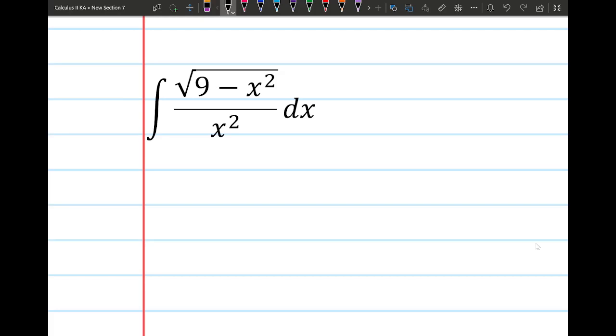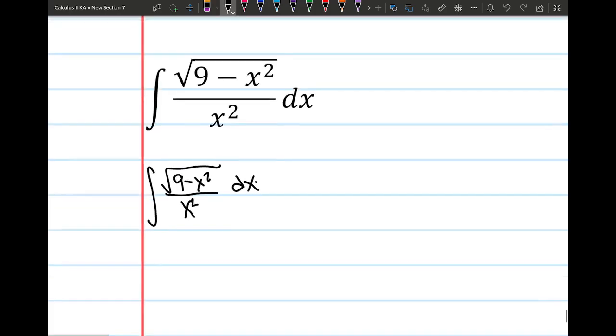So we have the integral of the square root of 9 minus x squared all over x squared dx. And I'm going to go ahead and rewrite it. Also, if I still sound a little bit sick, guys, I'm still recovering, so I do apologize. But let's go ahead and do this.